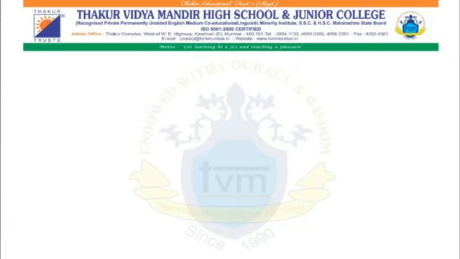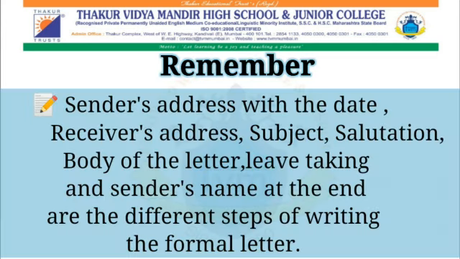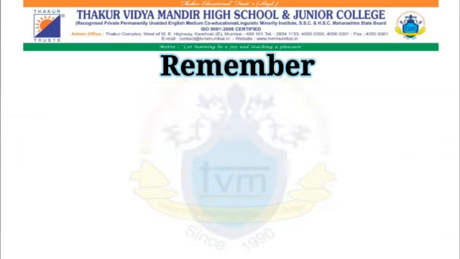Now, let us revise the format of the formal letter writing. Sender's address with the date, receiver's address, subject, salutation, body of the letter, leave taking, and sender's name at the end are the different steps of writing the formal letter.